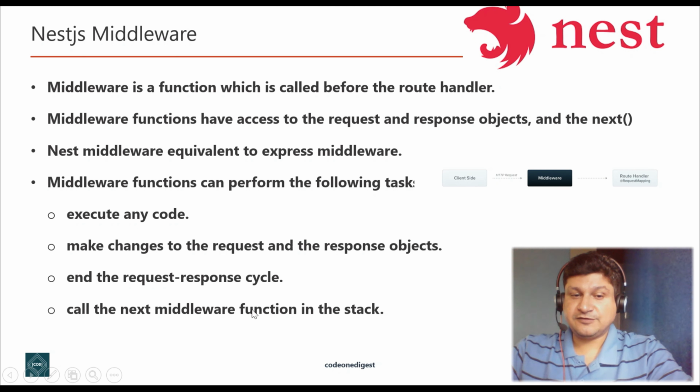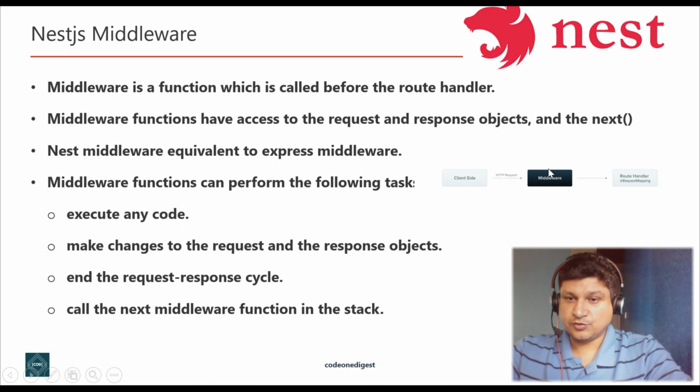Middleware calls the next middleware function in the stack, as I said, right? Apart from request and response, it also has access to the next middleware in the chain. So if you see this diagram, this is the client when it is making an HTTP request. The request is going to the middleware. There will be multiple middleware lined up in a chain, and then once all that middleware processing is done, it will be handed over to the controller.